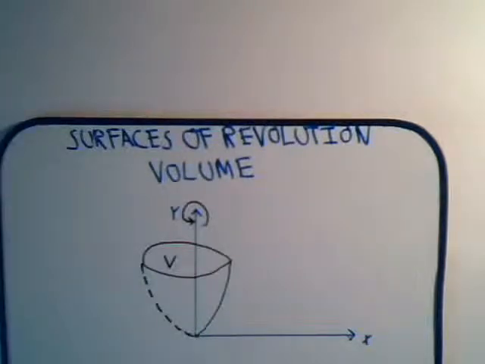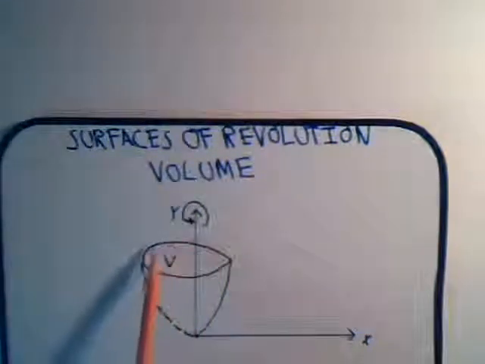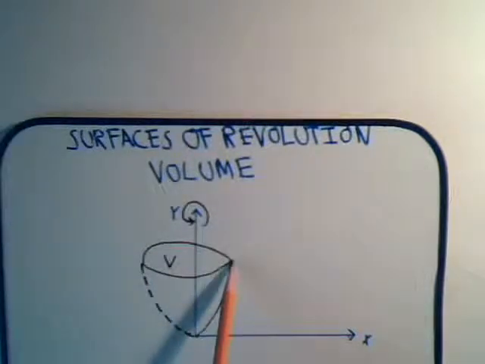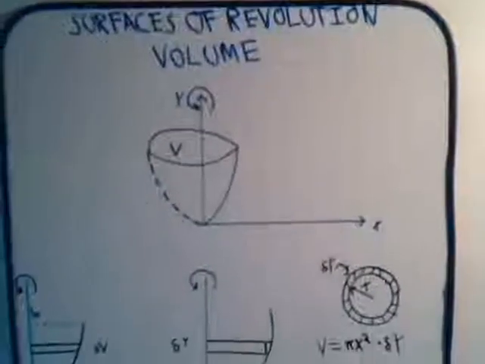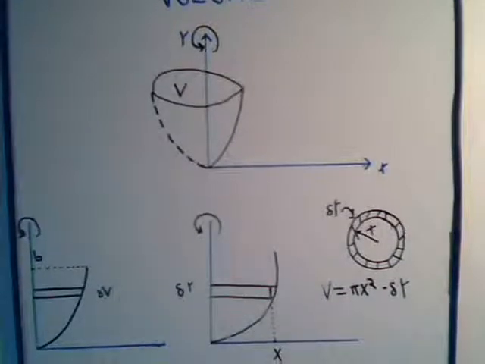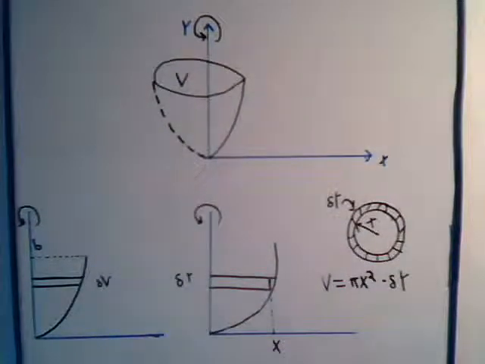So here we have our diagram. This is the curve, and we imagine taking this curve and rotating it all about the y-axis to generate this solid three-dimensional figure. And we want to know, how can we find the volume of that figure? So we proceed much as we did in the last video. We consider our curve here, being rotated about the y-axis.